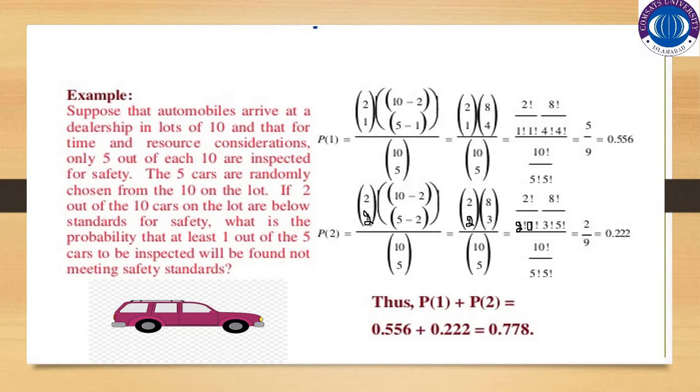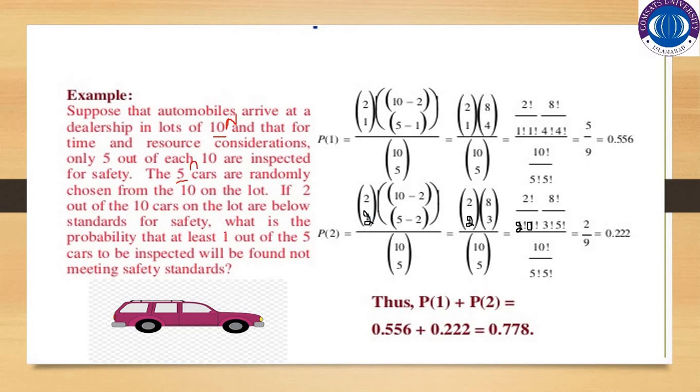So here we have that there are 10 automobiles in a lot, that means capital N is 10, and they are saying that the 5 cars are randomly chosen from the 10 on the lot, which means the randomly selected sample is small n, which is 5.